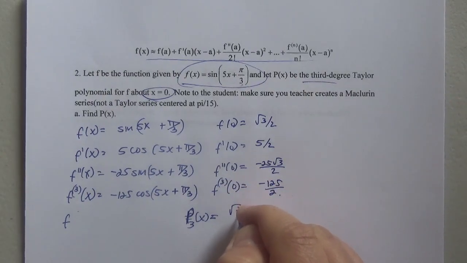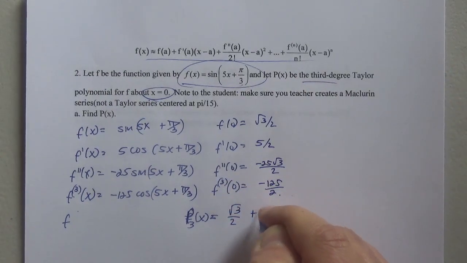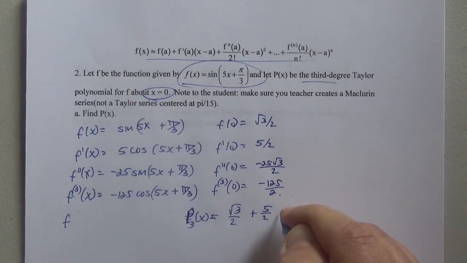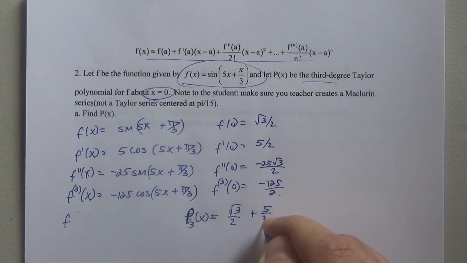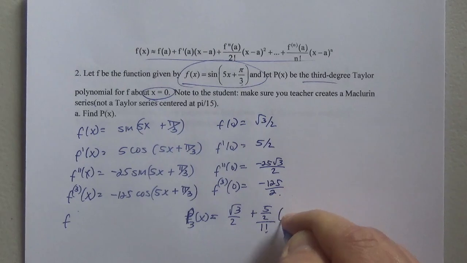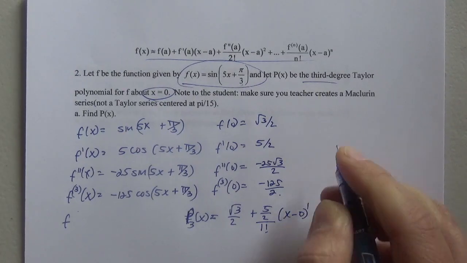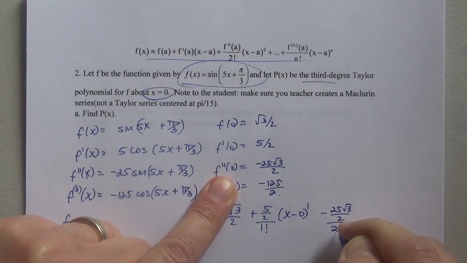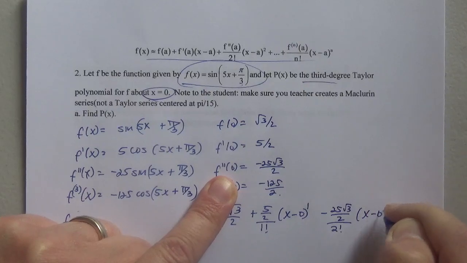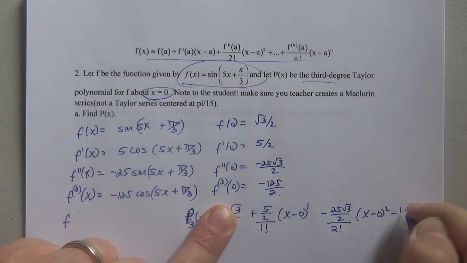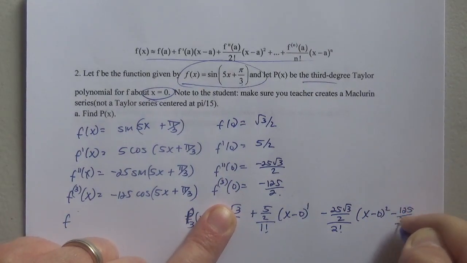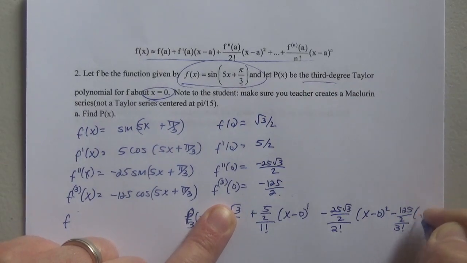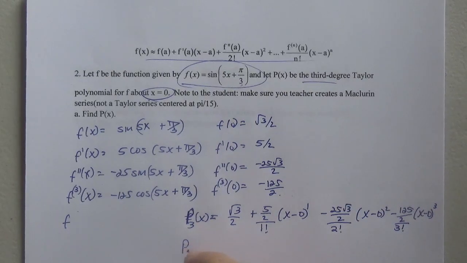So this is going to be radical 3 over 2 plus 5 halves as my derivative over 1 factorial times x minus 0 to the first, minus 25 radical 3 over 2 over 2 factorial times x minus 0 squared, minus 125 over 2 over 3 factorial times x minus 0 cubed. So let's just simplify it.